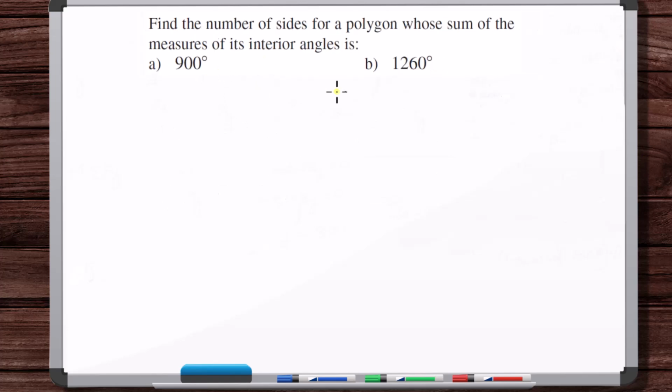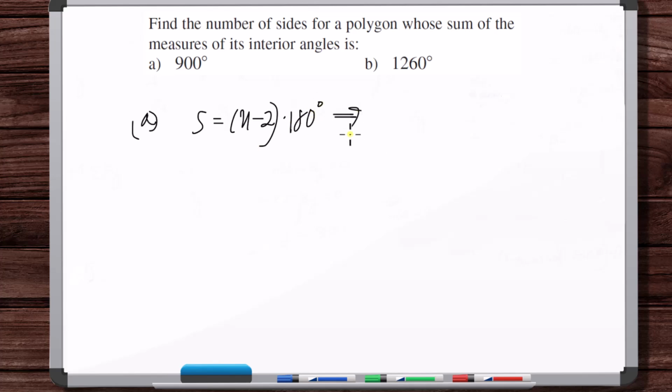Okay, here we're just using these same relations, but going in another direction. So if we know that the sum of the measures of the interior angles of a polygon is 900 degrees or 1,260 degrees, then how many sides does that polygon have? So we know we've got S is equal to n minus 2 times 180.